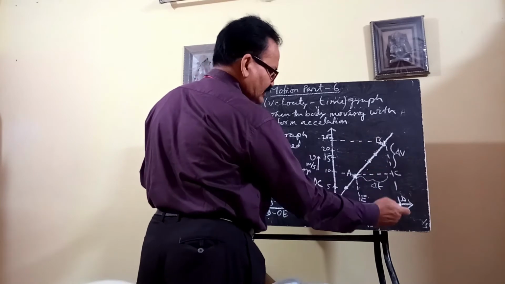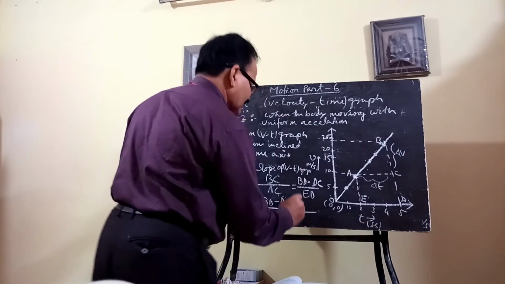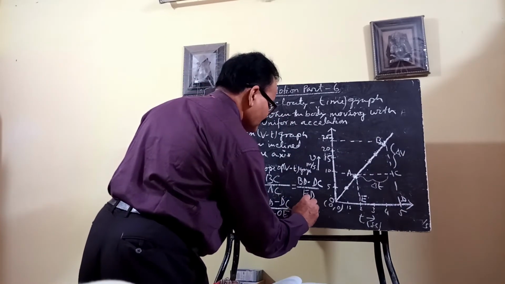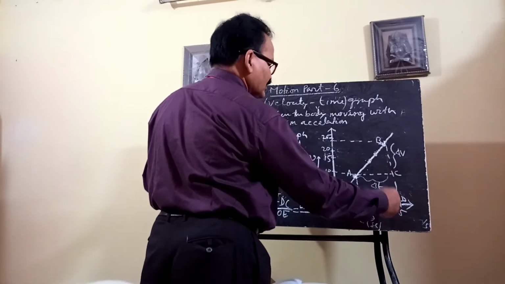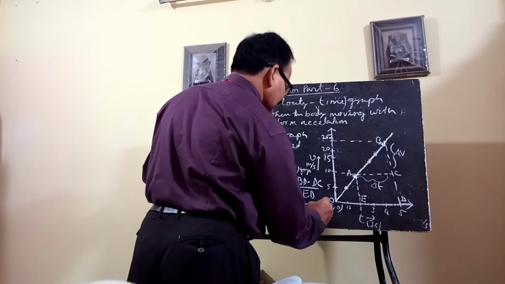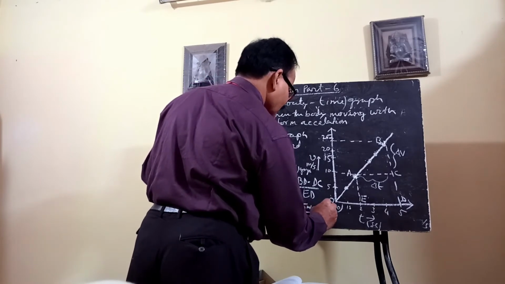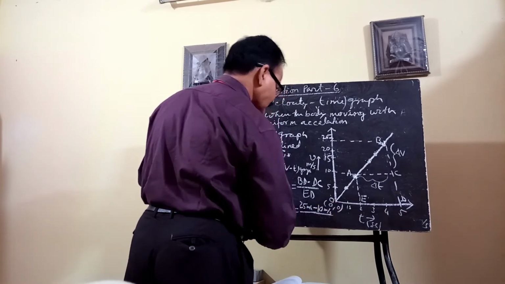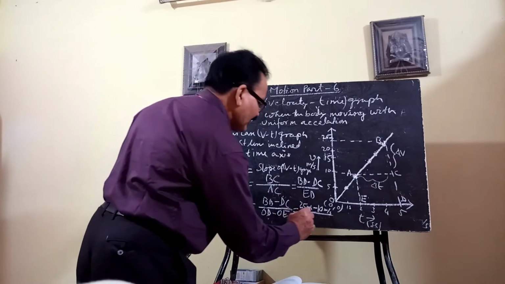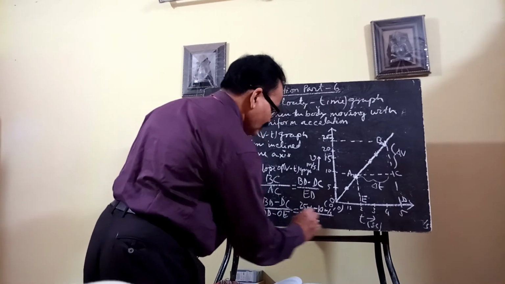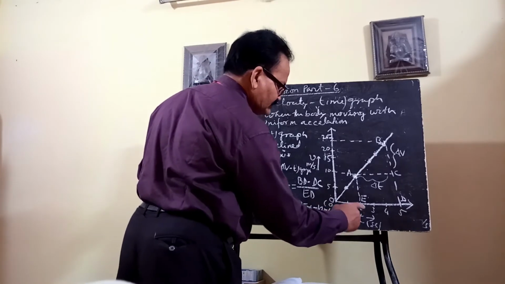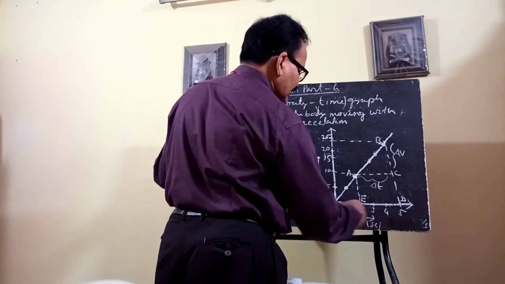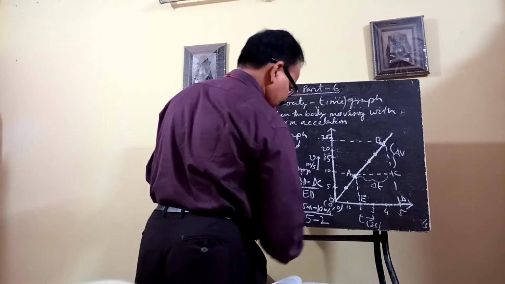So here BD means 25 meter per second minus 10 meter per second, and OD is 5 second minus OE is 2 second.